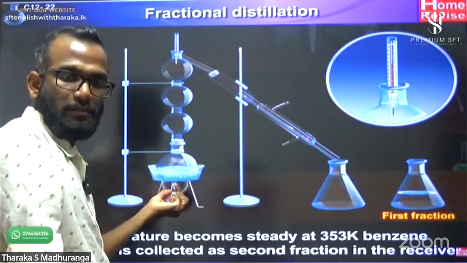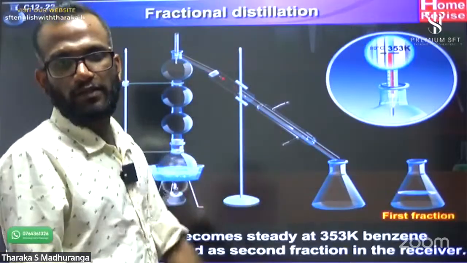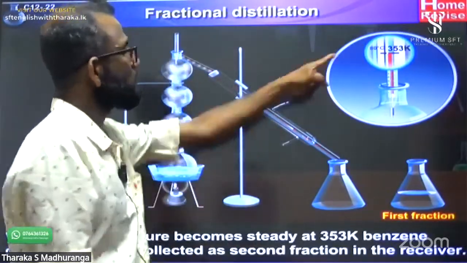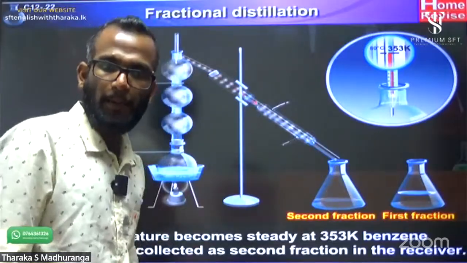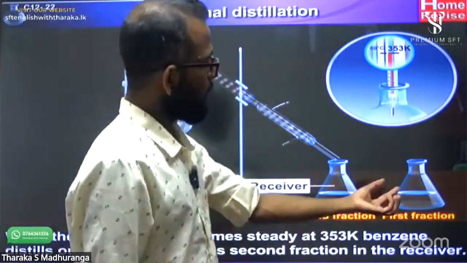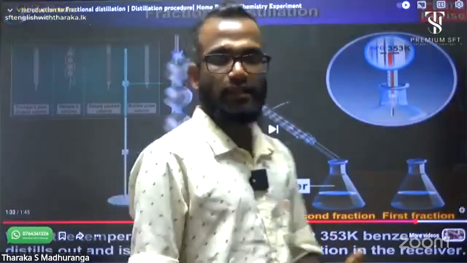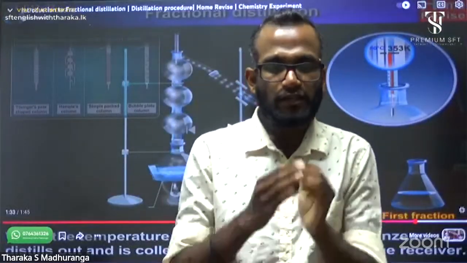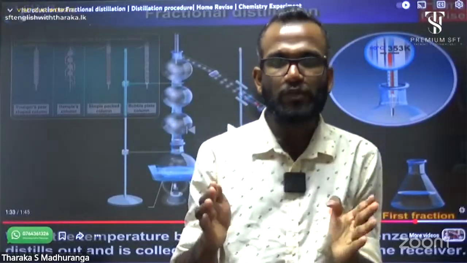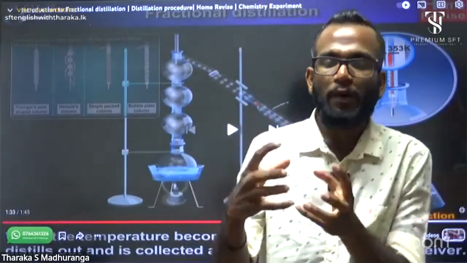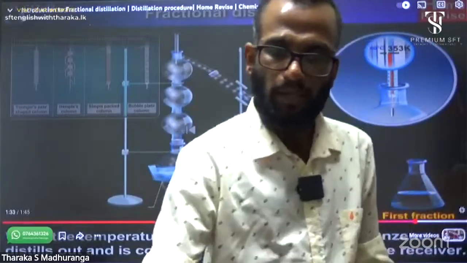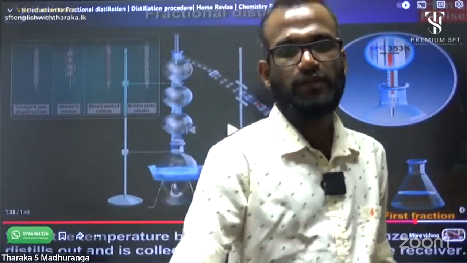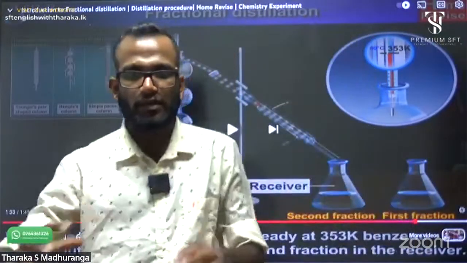When the temperature becomes steady at 353 Kelvin, benzene distills out and is collected as the second fraction in the receiver. Then we can separate them, and that's why we call it fractional distillation. Fractional distillation is used to separate several compounds from one crude plant source, one natural product.